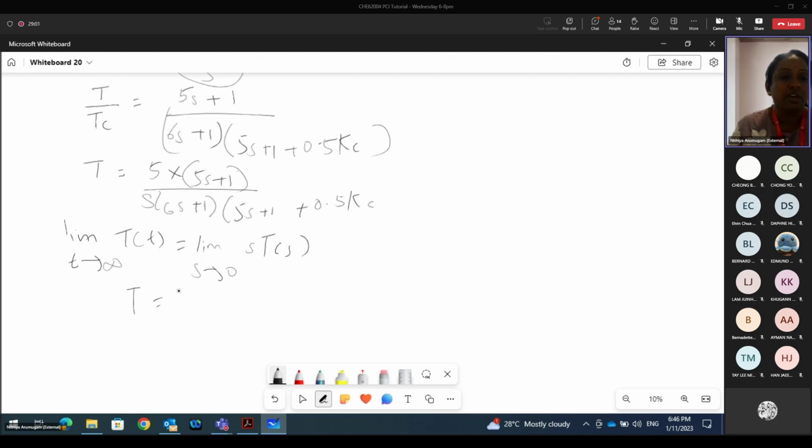So T equals 5s times 5s plus 1 over s, 6s plus 1, 5s plus 1 plus 0.5 Kc.